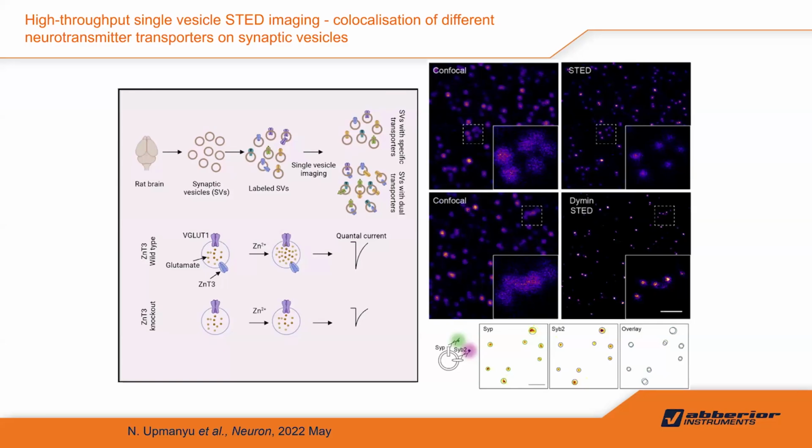This is not possible with conventional STED because of the photobleaching, because we are doing co-localization at 40 nanometer scale. This is only possible if we switch on the dynamic illumination module, adaptive illumination, to protect the sample from bleaching. Therefore, it's possible to study the co-localization on 40 nanometer scale and do a high throughput statistics. That's the Neuron paper.